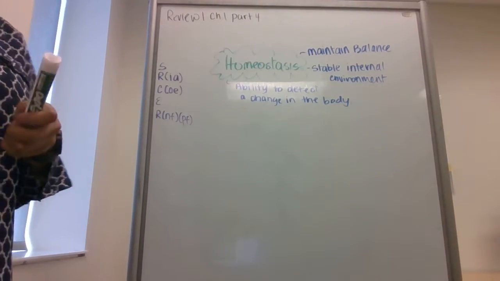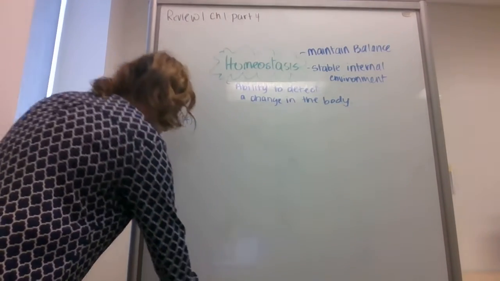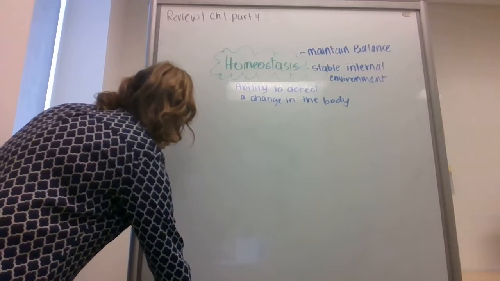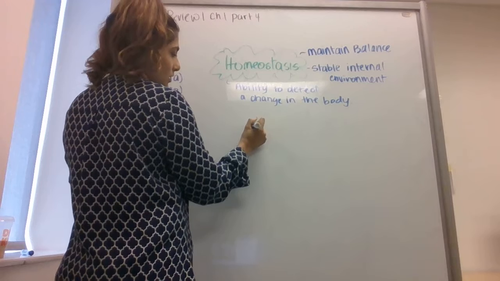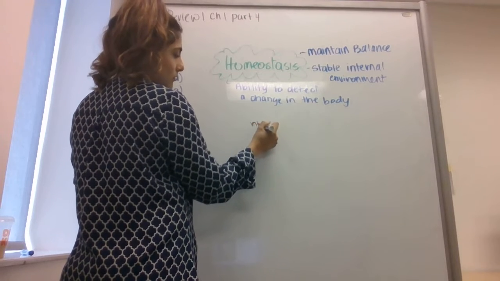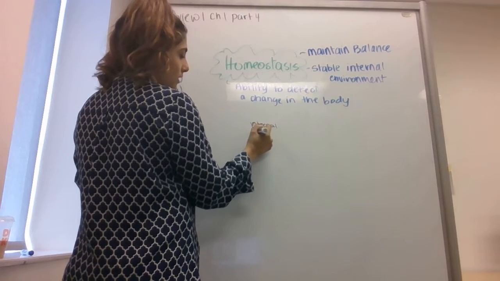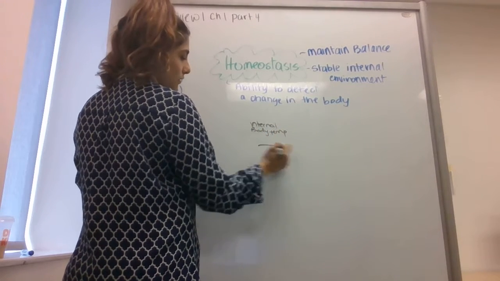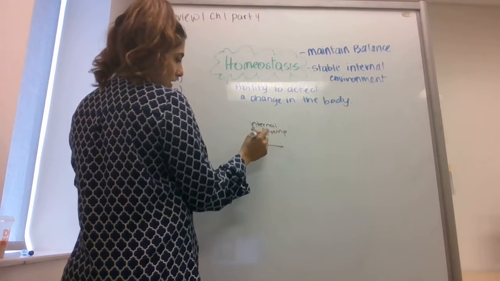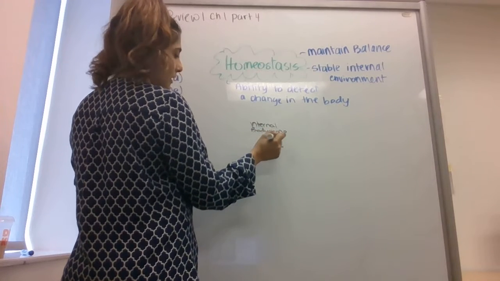So, for example, we can say that the body has a normal range of an internal body temperature. Let's say, just for example, it's 99.1.